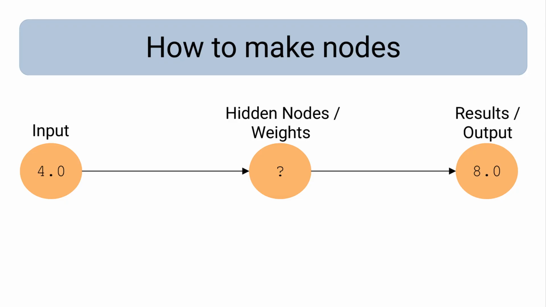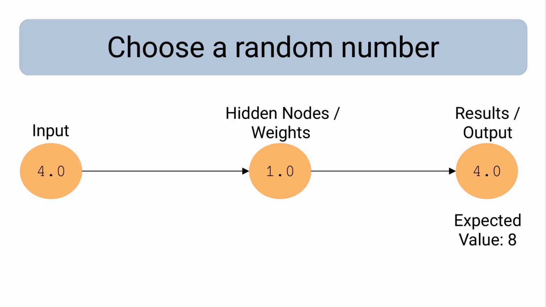It could be 4.5 or 7.2 or 10 to the power of 16. Any of those are valid numbers. But anyway, we have the input. We have something that we need to multiply it with to get the expected result. So let's just say that the computer randomly picked 1.0 as the initial weight.